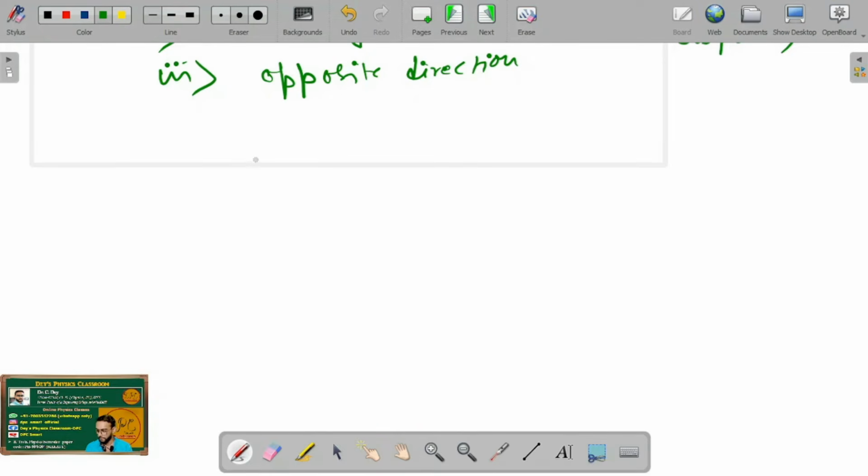So the restoring force would be minus of theta, or tau equals some constant c into theta.